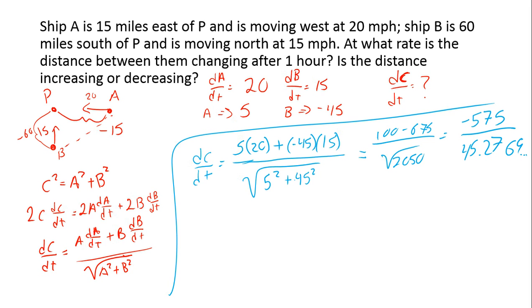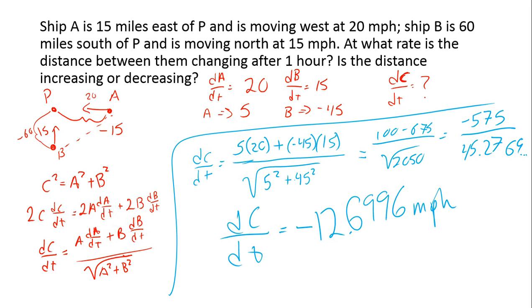It just keeps going and going. And then when we divide that through, we end up getting our dc, or our change in the distance between the two, is equal to negative 12.6996 miles per hour. And which means, since it's a negative, we are decreasing.